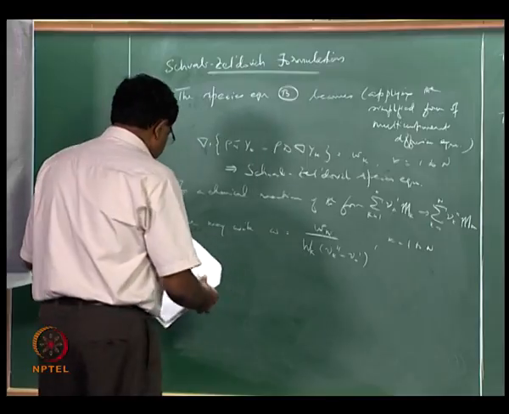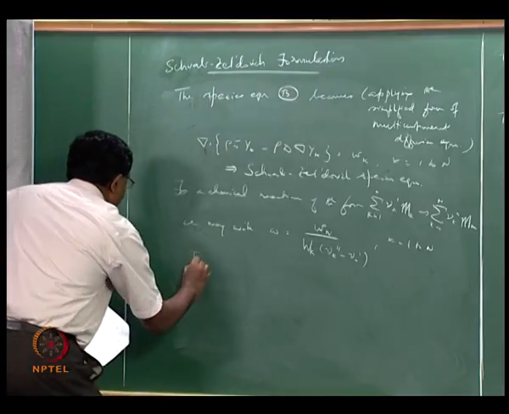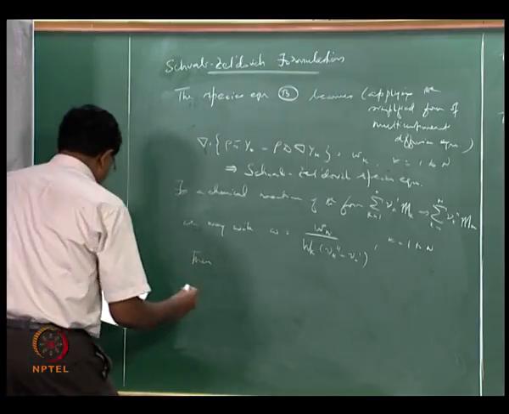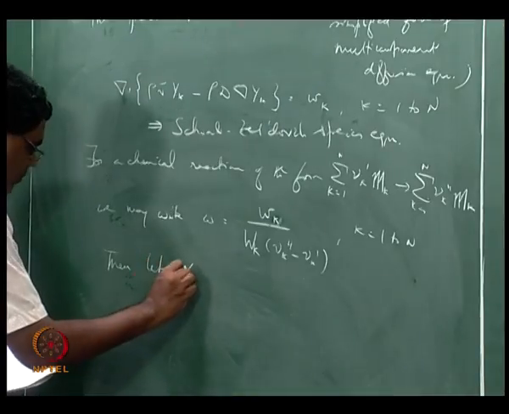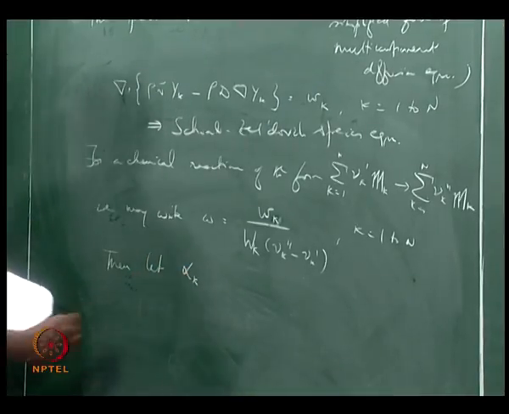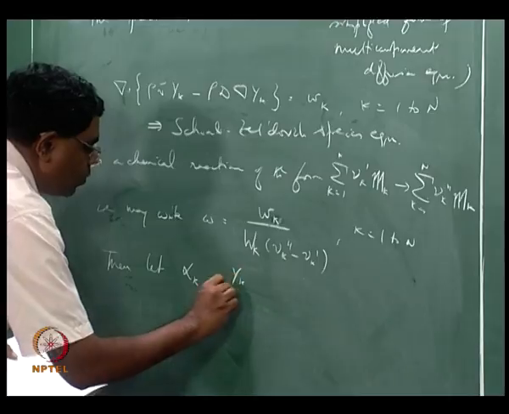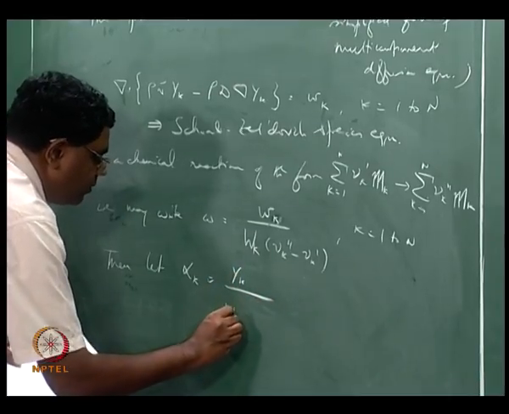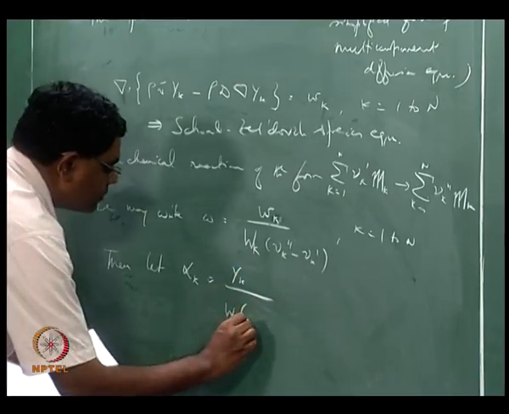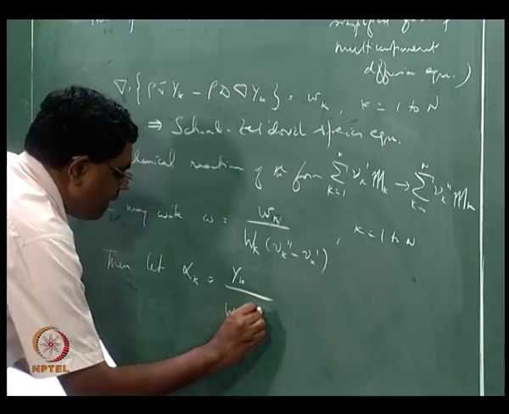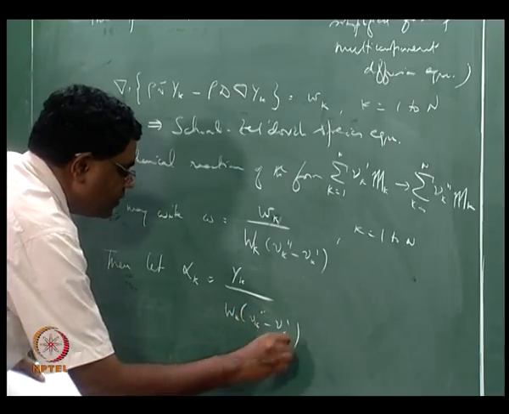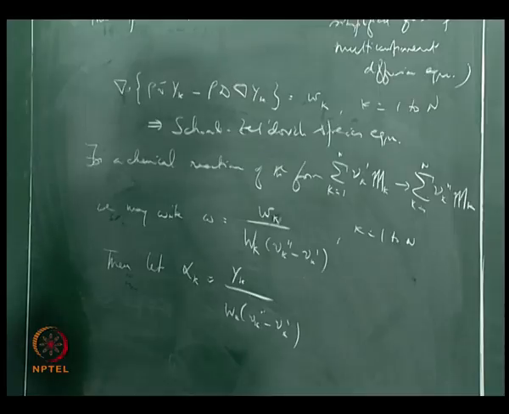So then let alpha k equal to yk divided by WK times nu k double prime minus nu k single prime, right.